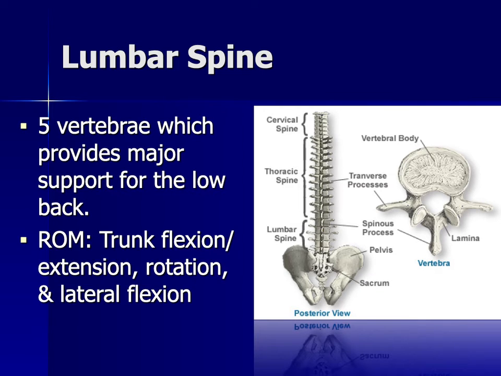We have trunk flexion extension, trunk rotation, and trunk lateral flexion, all taking place here. And this is the site of a lot of injuries for our athletic population and in the everyday population.